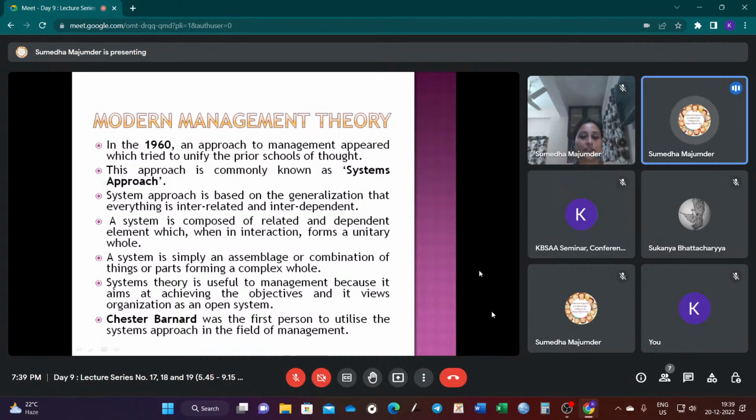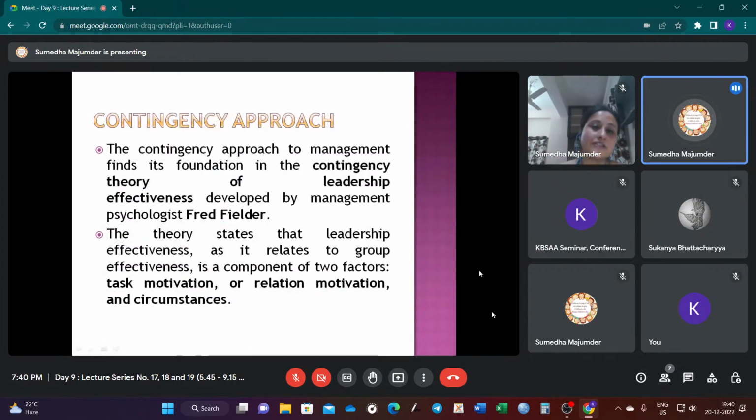And also the first person, Chester Barnard, first utilized this system approach in the field of management. The name of Chester Barnard is also important from our exam point of view. And the last approach as per our syllabus is the contingency approach. In a systematic approach, we follow predetermined factors.